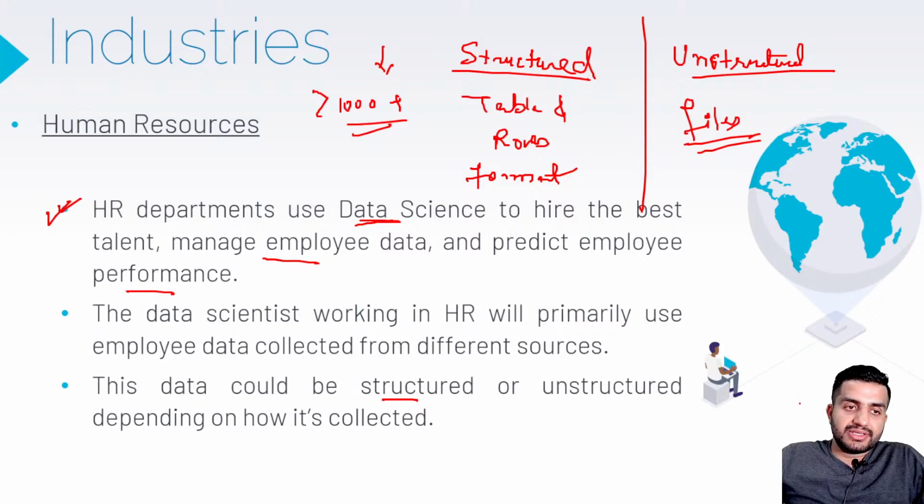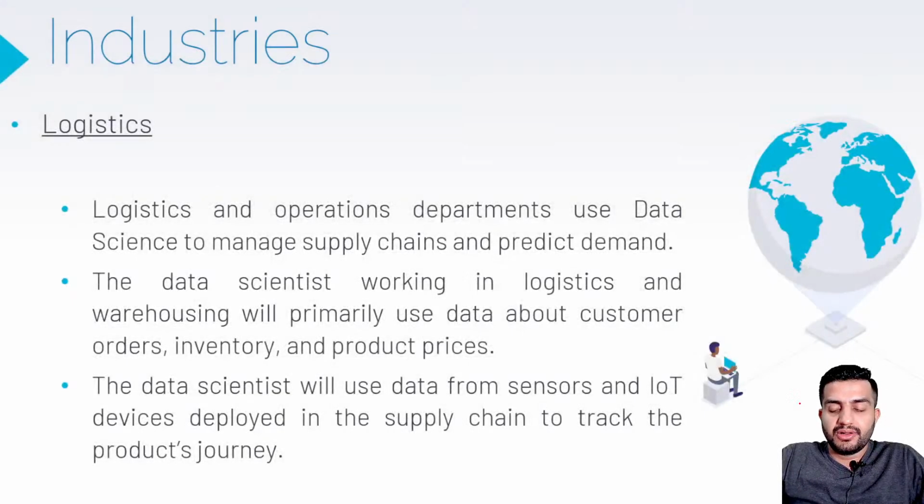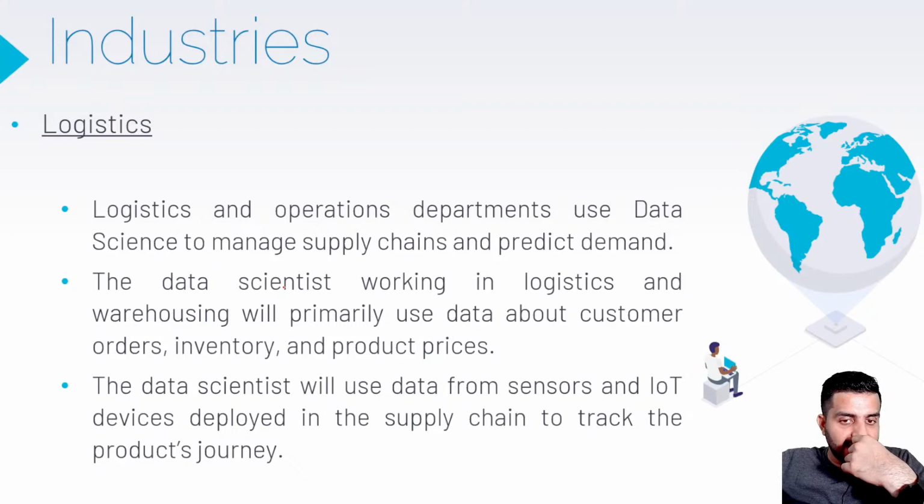Moving ahead with this, we have one more industry. Logistics, again, very important industry in terms of the revenues, right? In this point of view, logistics is one of the industries that plays a very crucial role. Logistics and the operations departments use data science to manage the supply chains and predict the demand.